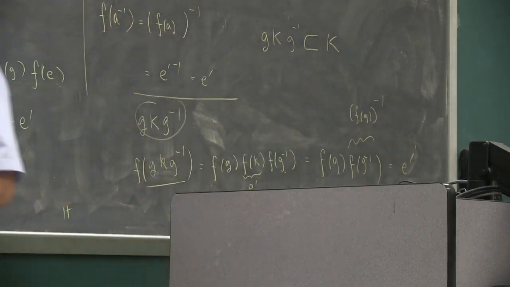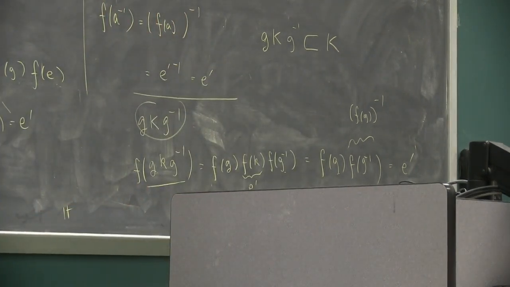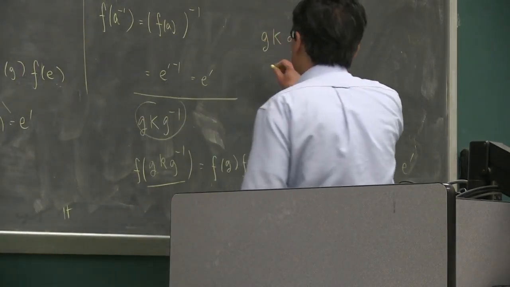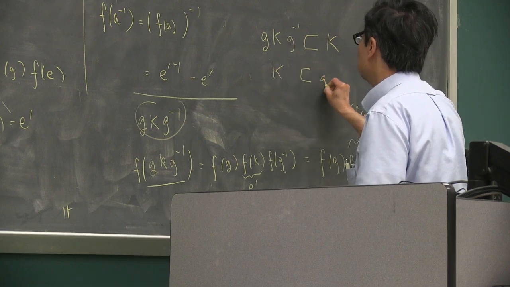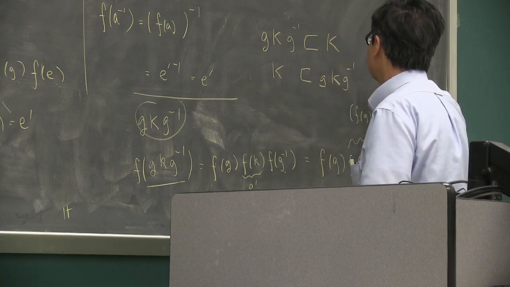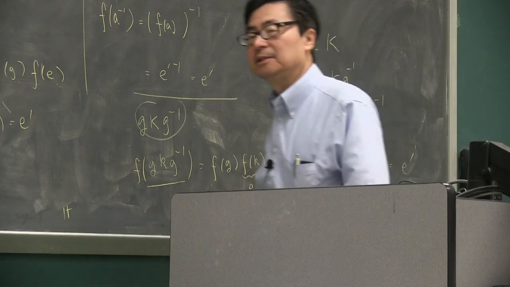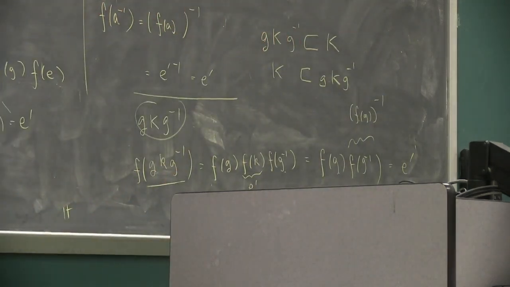I haven't quite proved equality yet. In order to prove equality, I have to prove the other way: that K must also be a subset of g K g inverse. If I can do that, I can prove the subset relationship both ways, which means the two sets are identical, equal to each other.